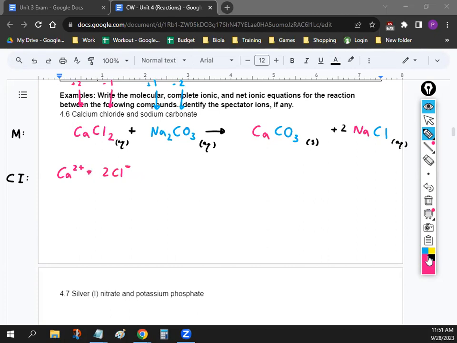And then you have your 2 sodiums, which is Na+, and your carbonate, which is 2 minus. That's where your arrow comes from. Since these 2 are aqueous, all of these are aqueous.